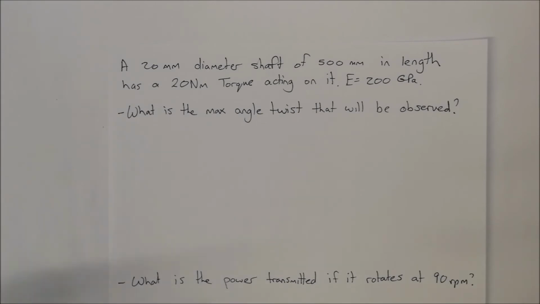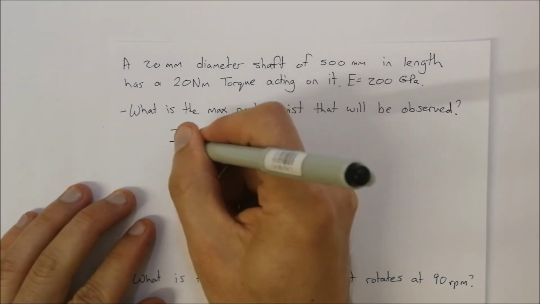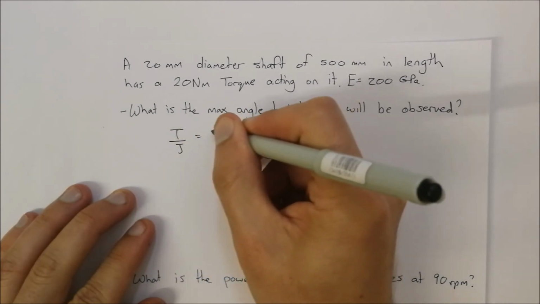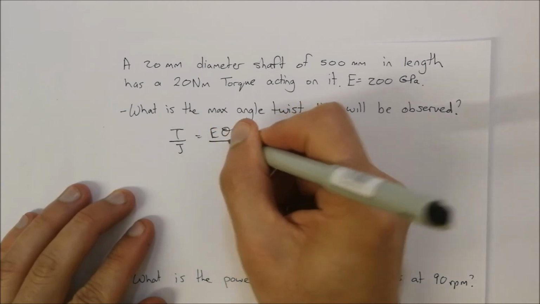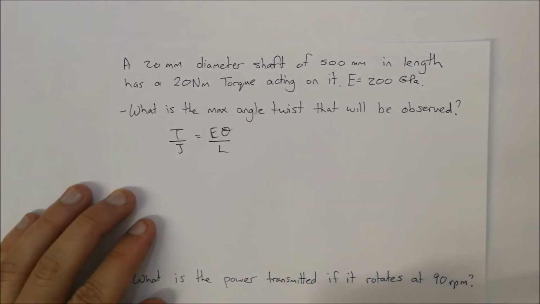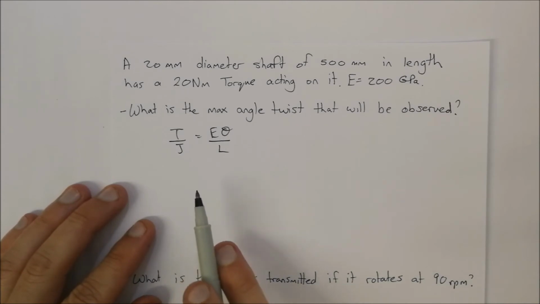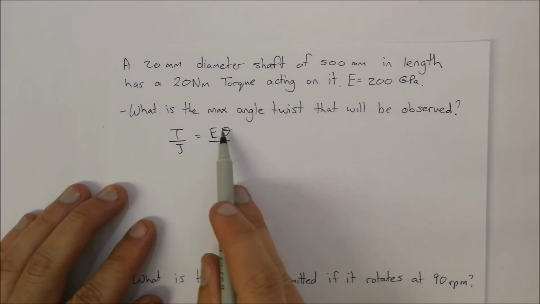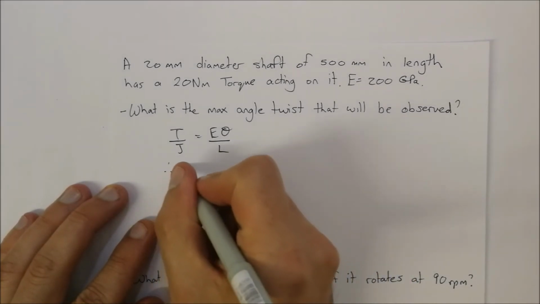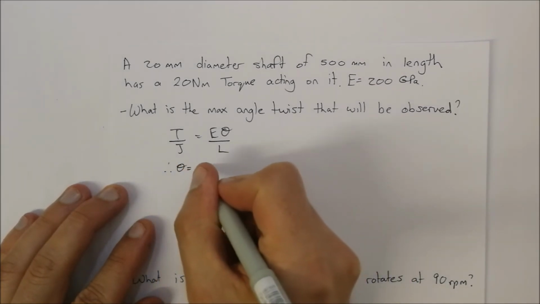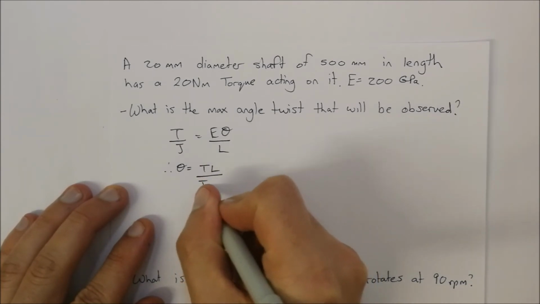If you remember from the formula that we just looked at, T over J is equal to E times theta over L. Now, if we want to make theta the subject of the formula, theta is equal to T multiplied by L over JE.